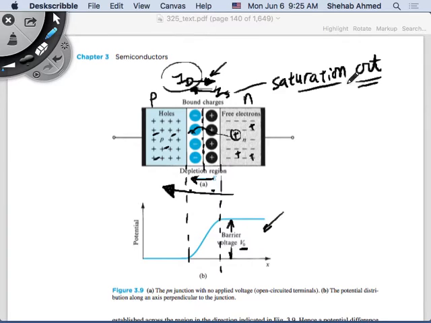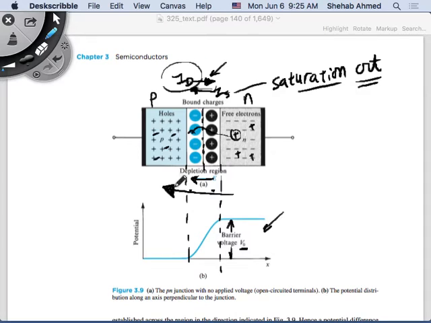But again, there is a limited number of minority carriers in the N-type material and minority carriers in the P-type material, because you put a lot of donors and acceptors in these materials. So you decrease the amount of minority carriers in both. So if you help the electric field, you're opposing diffusion and you are increasing saturation current, but saturation current is already a small value. So it will level off to a certain value and that's it.